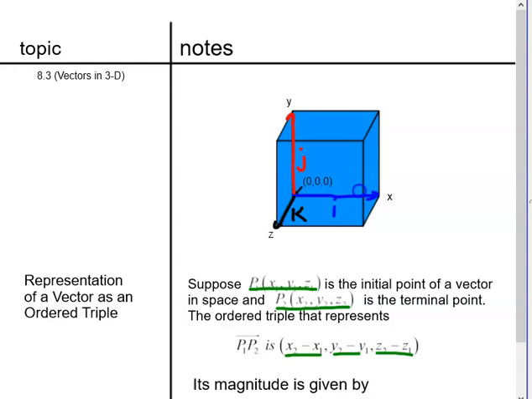Okay, so it's really the same thing as giving an ordered pair. It's just here we're kind of saying, okay, if you have 3i, 3 of those vectors. If you have 4j, you've got 4 of those vectors.